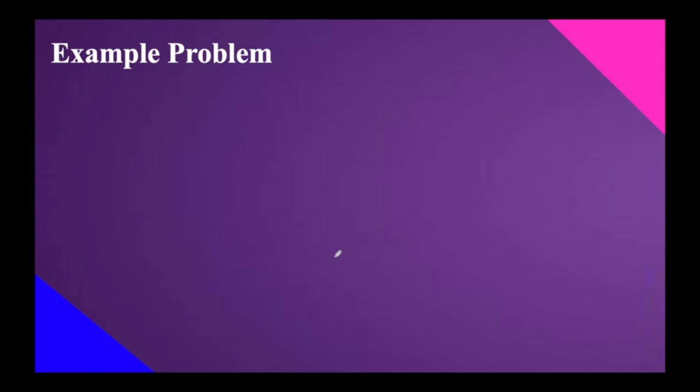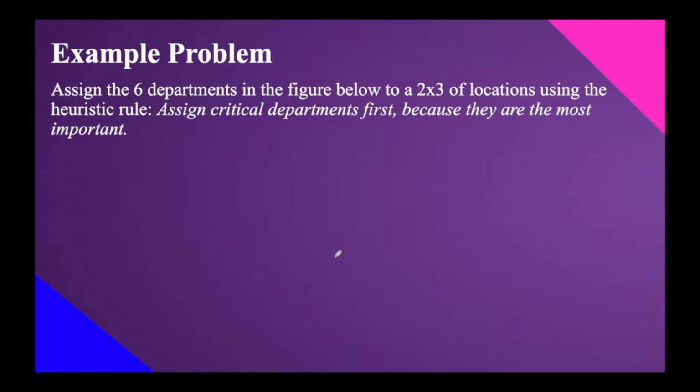So, example problem tayo. Assign the 6 departments in the figure below to a 2x3 matrix of locations using the heuristic rule. So, our heuristic here is that we should assign critical departments first. Again, what are the critical departments?